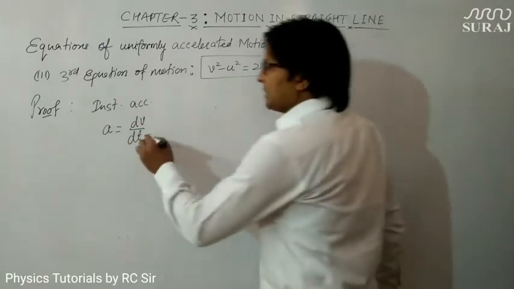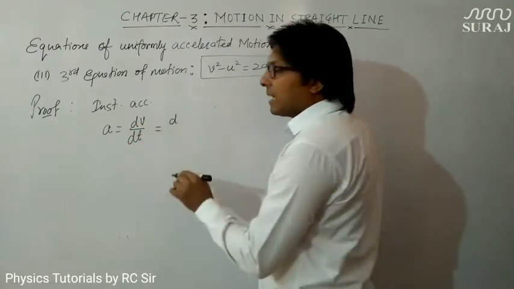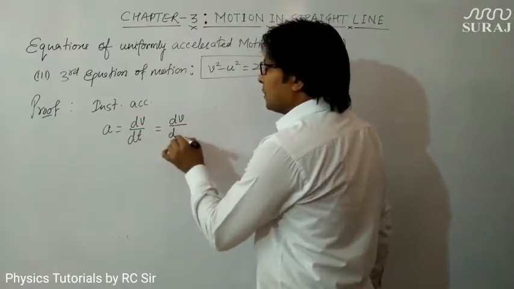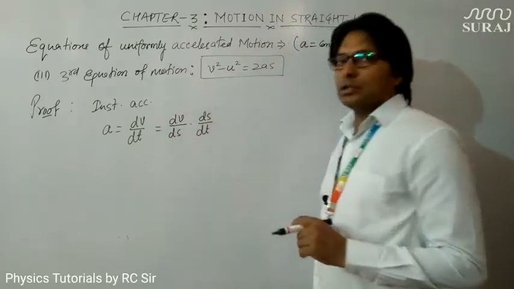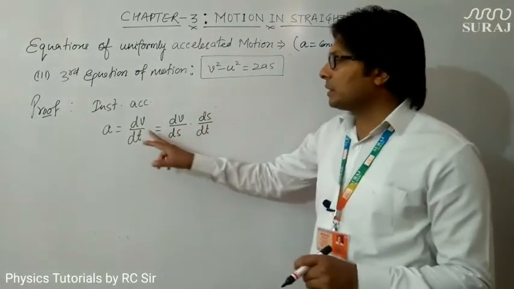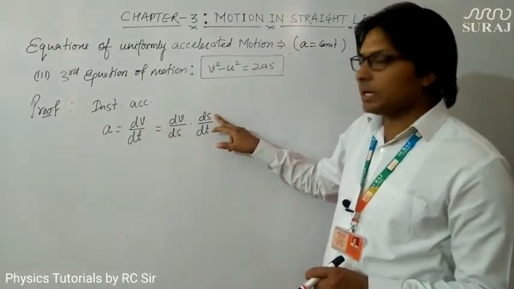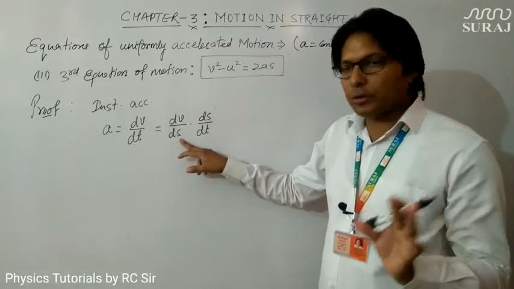So we can eliminate this t from here by simply multiplying and dividing this equation as dv upon ds, ds upon dt. If I multiply and divide by ds, in the numerator and the denominator, then there is no change going to take place.